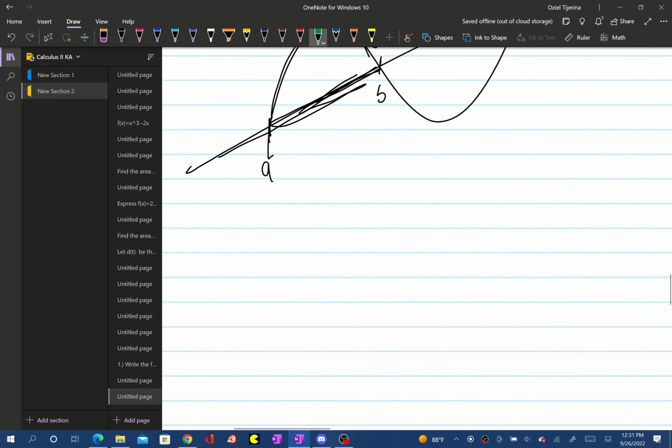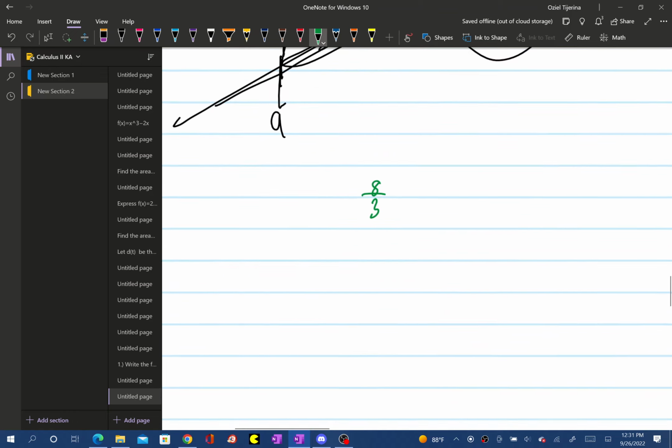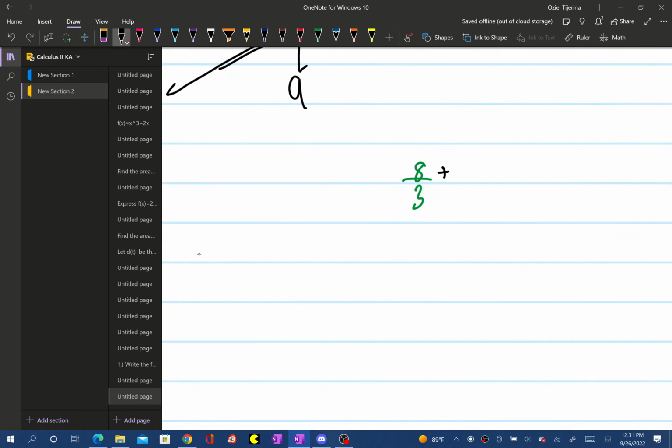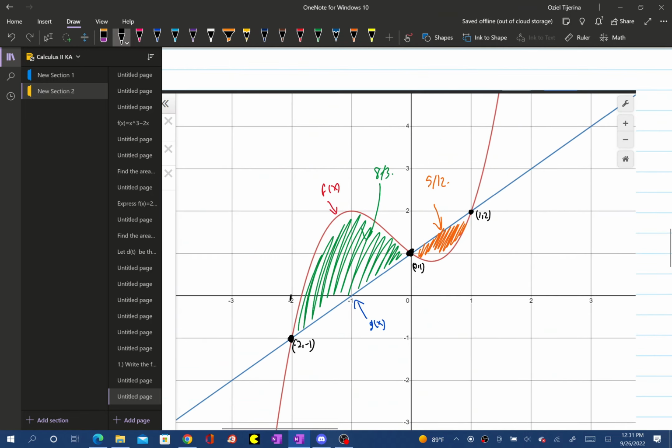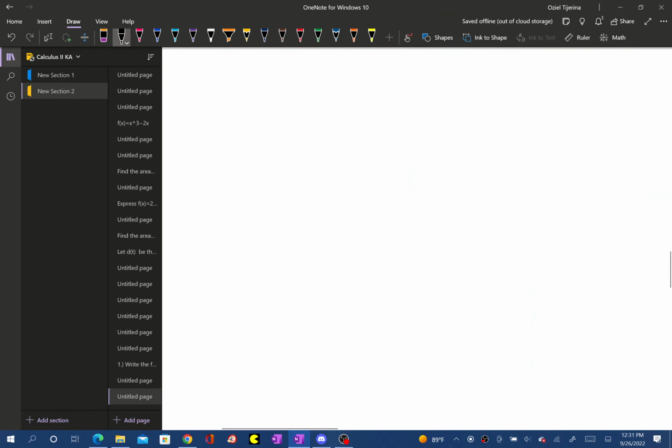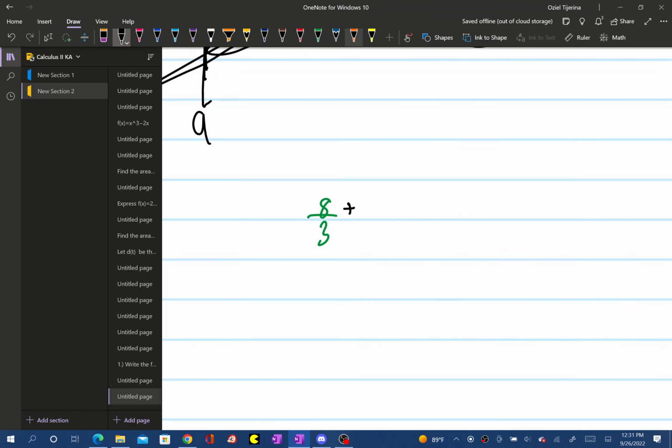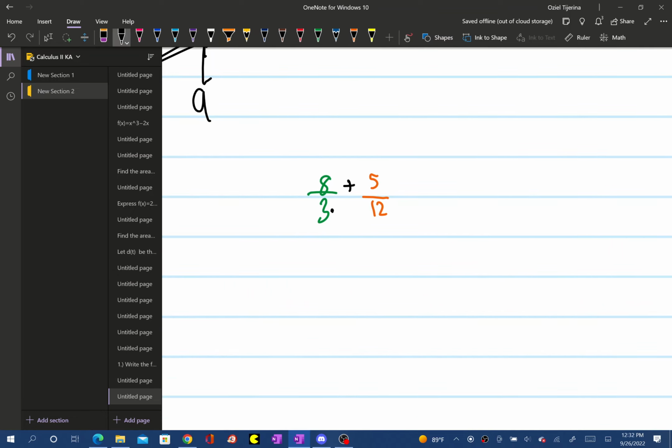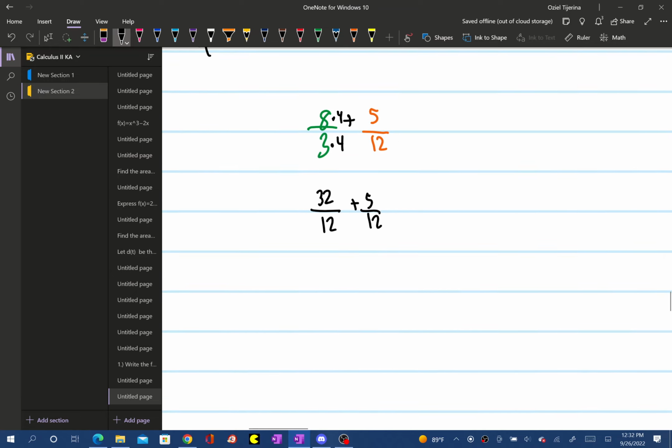So it's going to be 8/3, and then plus 5 over 12, right? So this is going to be equal to, and again, we're going to make the denominator equal, so we're going to get 32 over 12 plus 5 over 12. That's going to be 37 over 12.